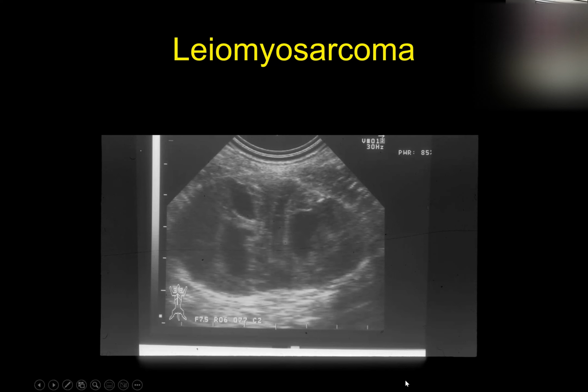And it turned out that was a bowel wall tumor, but it wasn't in the bowel wall. It was connected to a section of bowel, and it was a leiomyosarcoma, was the way the histopath was read out. So who knows? Even to this day, I still see things from time to time that I really have no clue what they are. And then you just describe the hell out of them and do the best that you possibly can.